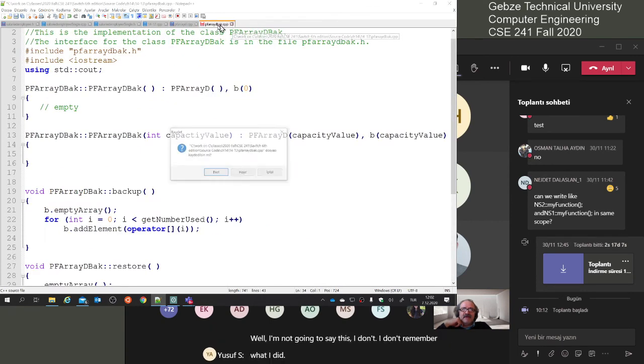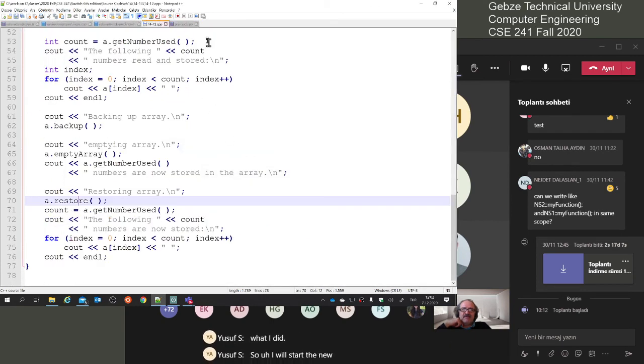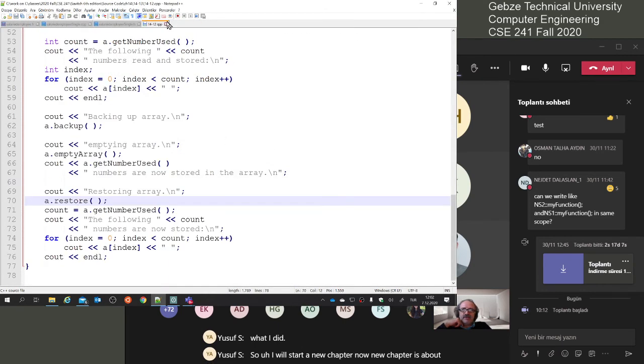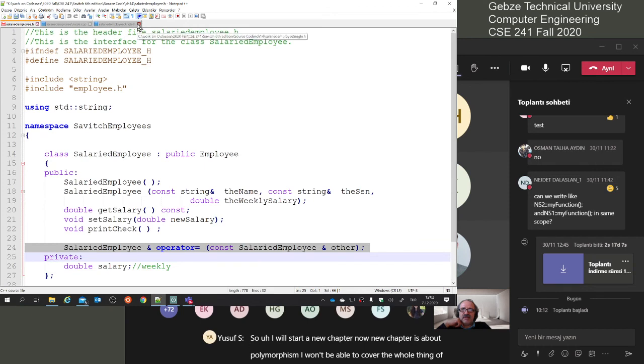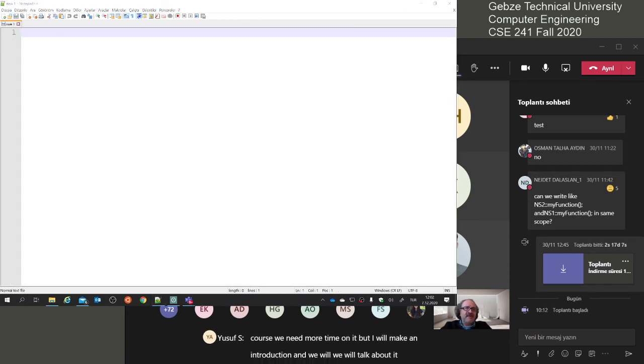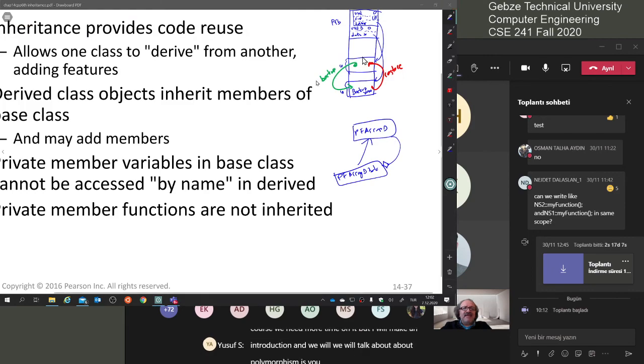So I will start the new chapter now. The new chapter is about polymorphism. I won't be able to cover the whole thing, of course. We need more time on it, but I will make an introduction, and we will talk about what polymorphism is. You understand what inheritance is, right?